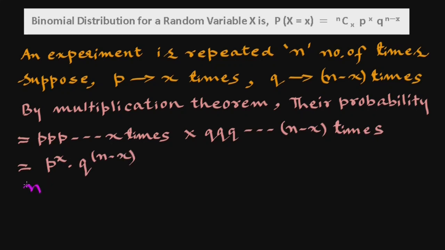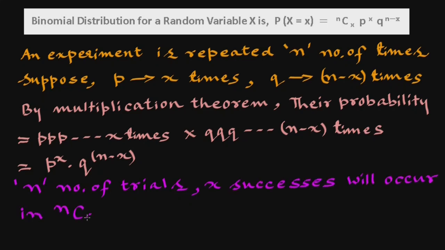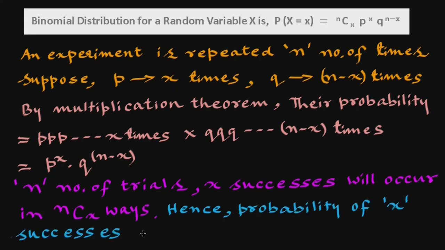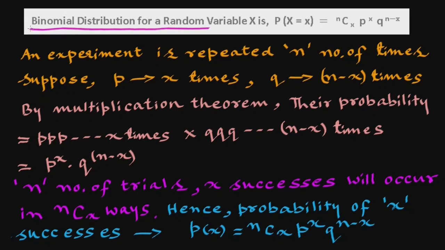Now in n number of trials, x successes will occur in nCx ways. Hence, the probability of x successes will be nCx P raised to x Q raised to n minus x, and hence the binomial distribution for a random variable x will be nCx P raised to x Q raised to n minus x.